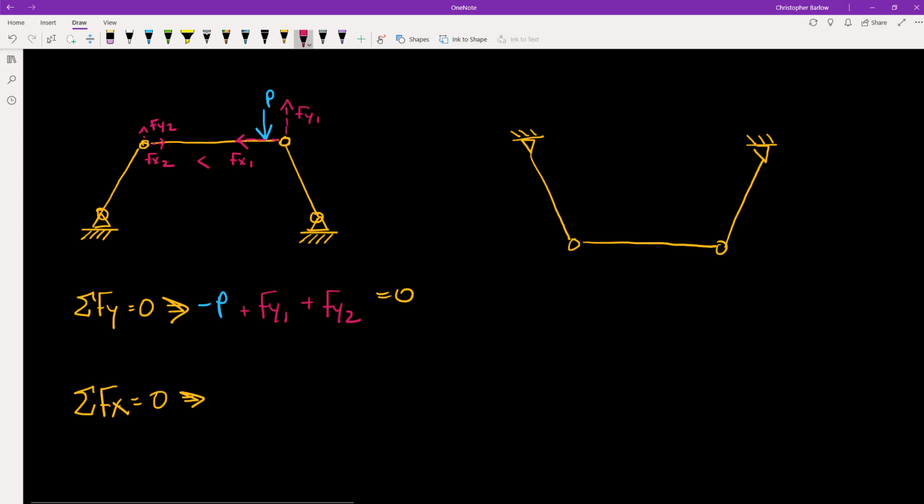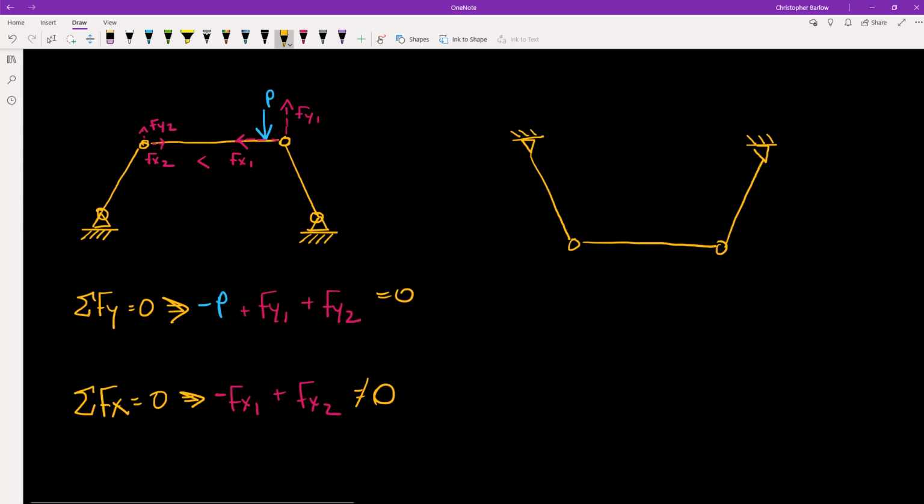However, if we look at the horizontal direction, now we have this Fx1 to the left plus Fx2 to the right, and these two are not equal to each other. And so adding them together cannot give us 0.